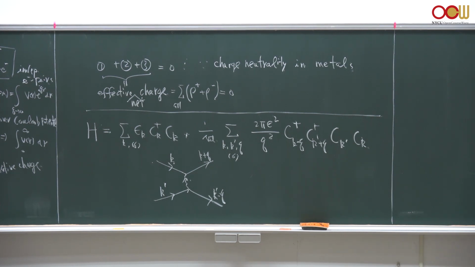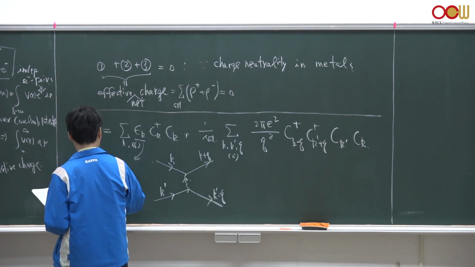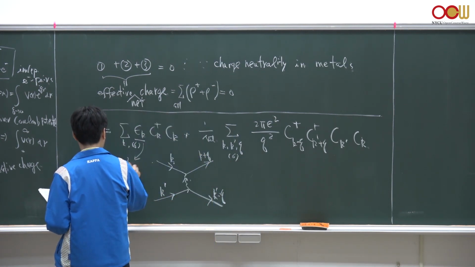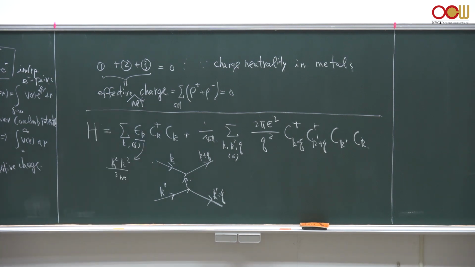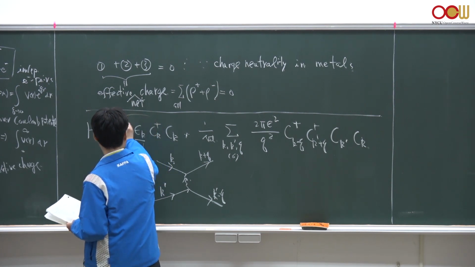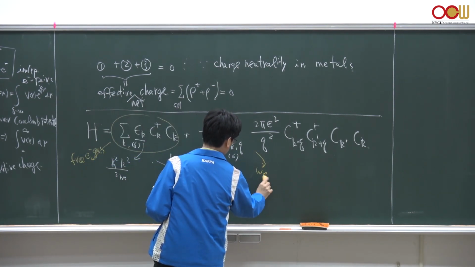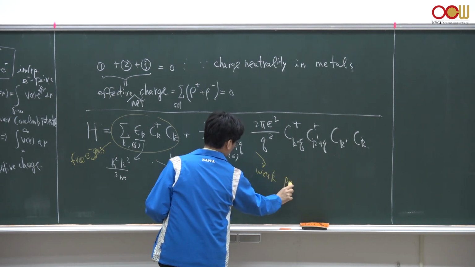Okay, so epsilon k is nothing but the free electron energy, which is h bar squared k squared over 2m. Now we pretend that these Coulomb interactions are weak, and we could perform a perturbation based on the Sommerfeld free electron gas, and suppose this is a weak perturbation.